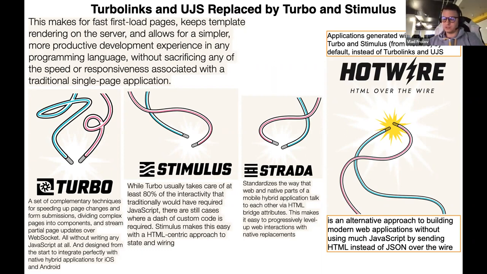All Rails 7 applications, by default, get Turbo and Stimulus from Hotwire. And Turbo is a set of complementary techniques for speeding up page changes and form submissions, dividing complex pages into components, and streaming partial page updates over WebSockets.